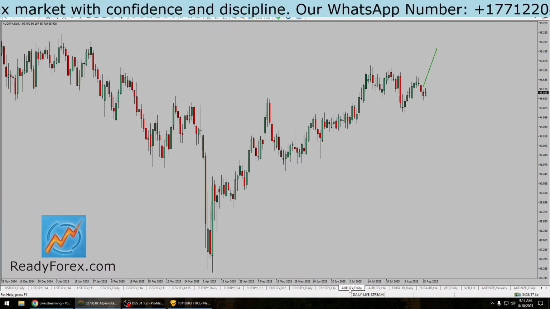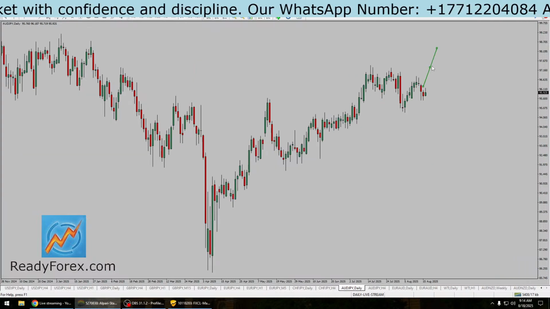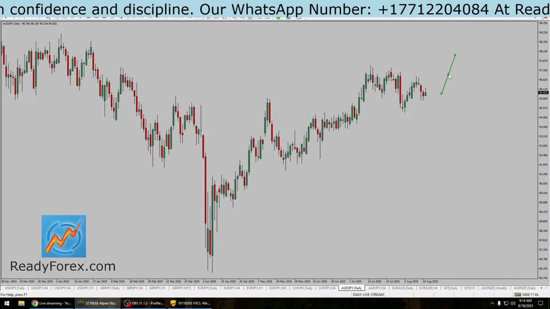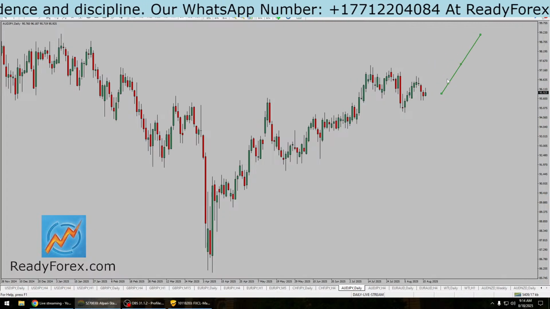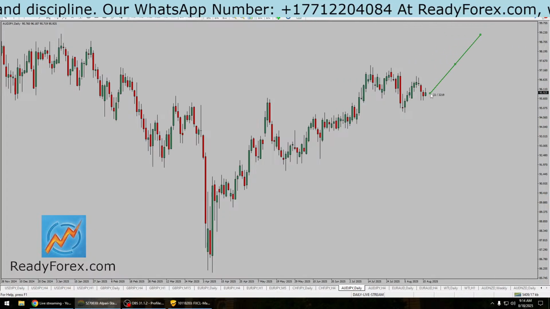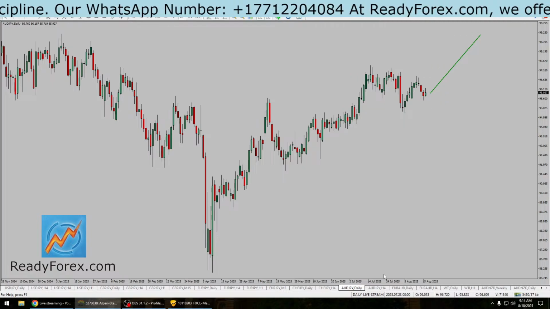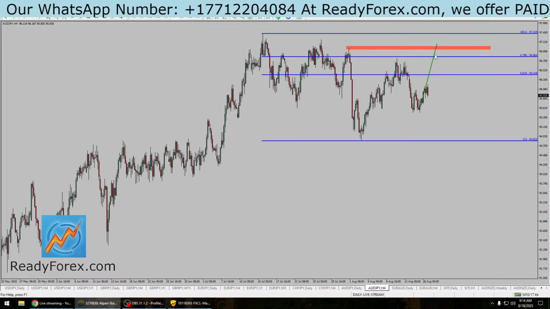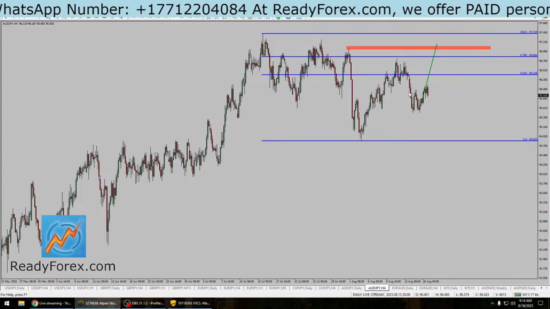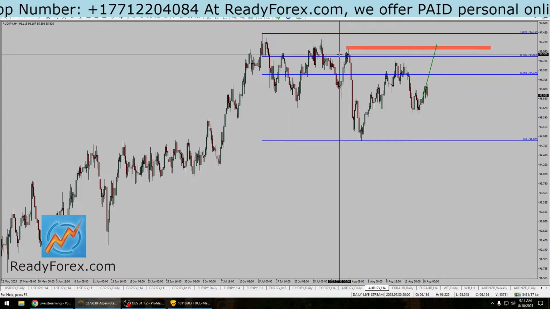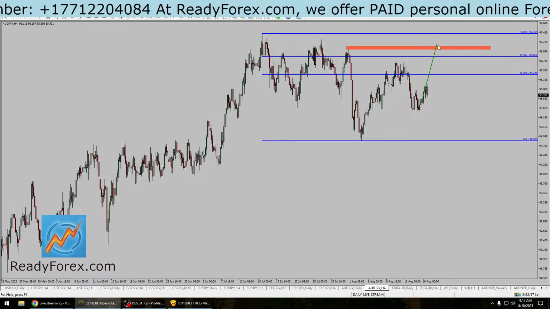Next, let us take a look at AUDJPY. AUDJPY, the way I see it's an uptrend. I expect more upside in Australian dollar versus Japanese yen currency pair. Let's take a look at 4 hour. Okay, market is trying to move somewhat sideways over here.